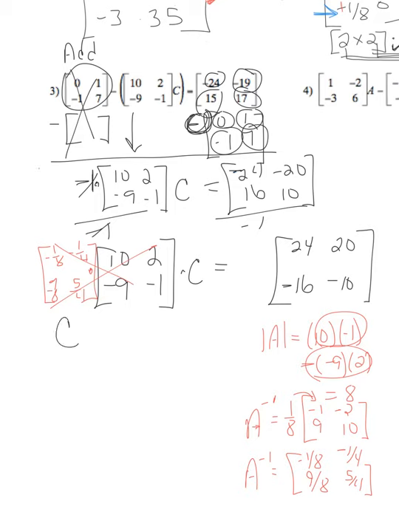So that's going to give us just C. Okay, well, if I do that matrix to the left, I've got to do it to the right over here. So I'm going to multiply this piece over here times that same inverse matrix. So -1/8, -1/4, 9/8, and 5/4.